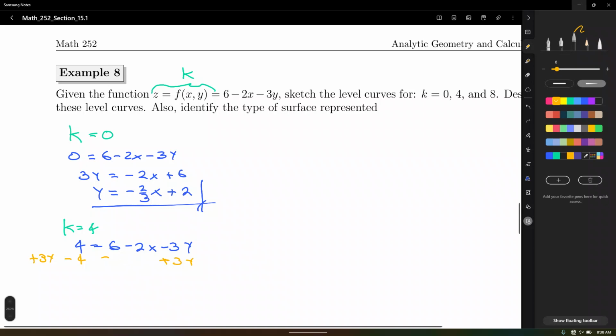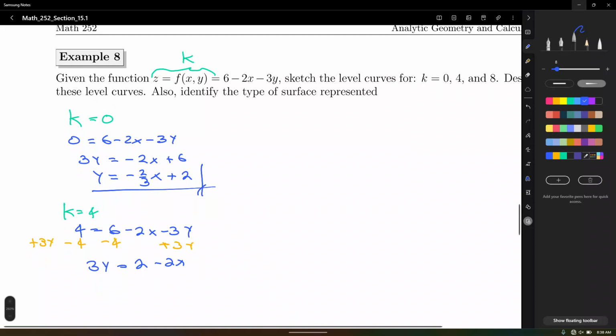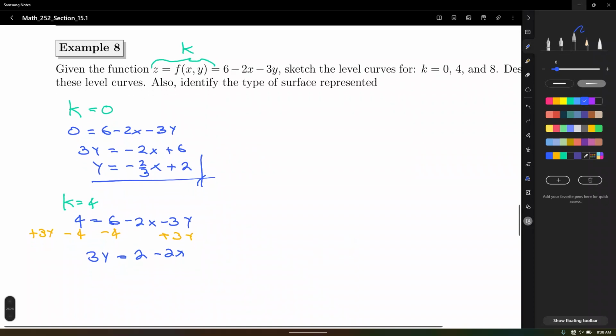There you go. So that'll be 3y equals 2 minus 2x. That's going to give us y equals 2/3 minus 2/3 x, which is going to be another line. All right? That's going to be another line.